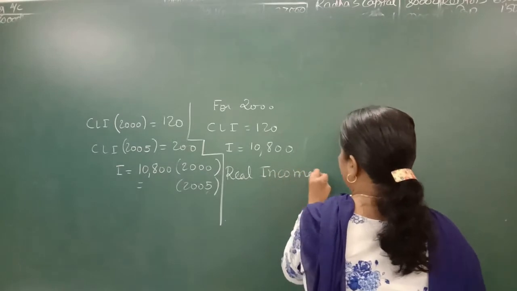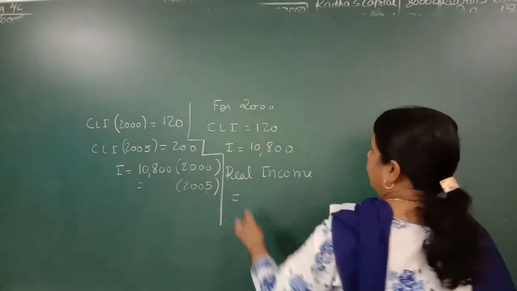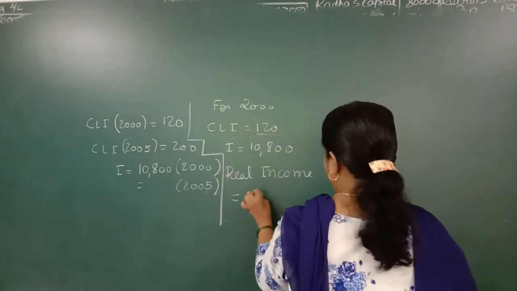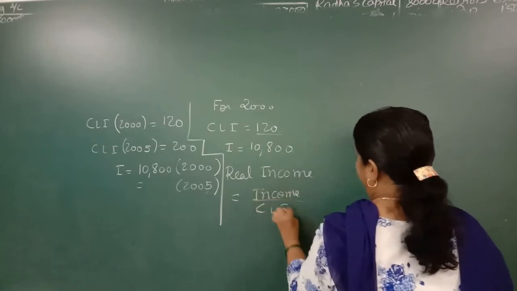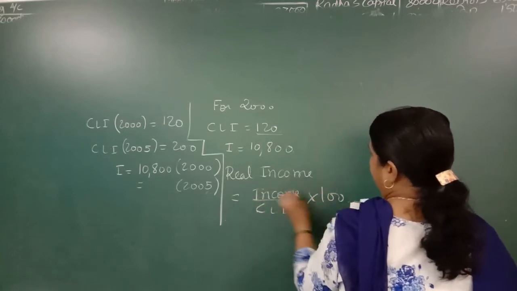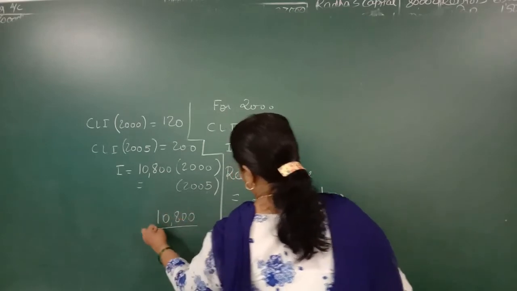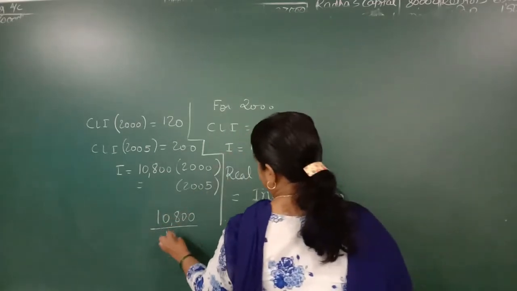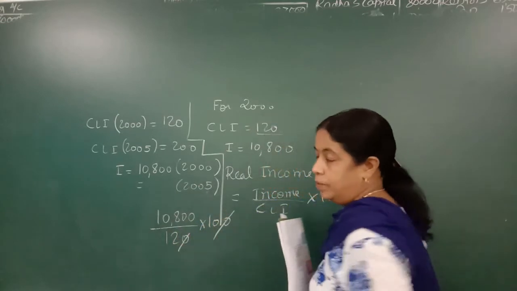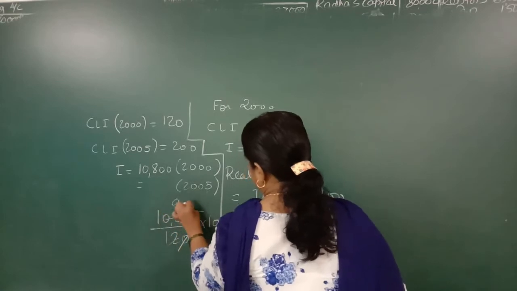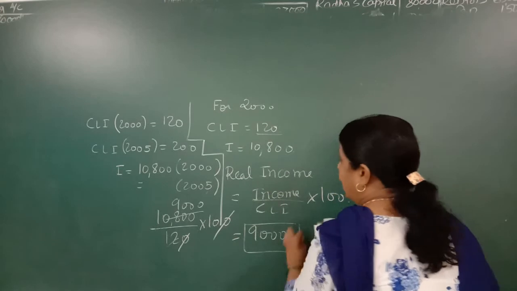Real income is income upon CLI into 100. His income is 10,800 upon CLI 120 into 100. 0, 0 gets cancelled. 12, 9. It is 9,000. Means his real income was 9,000.